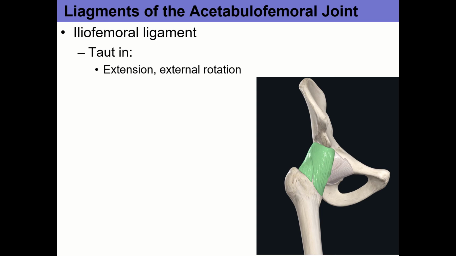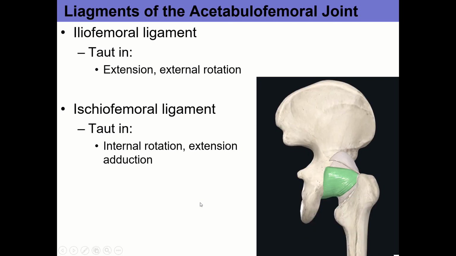So if we've got an iliofemoral, then we obviously have an ischiofemoral. That one is on the more posterior aspect, and it's highlighted there for you in green. It's going to run from that posterior margin of the acetabulum. The fibers are going to spiral along the neck laterally and superiorly, and they're going to insert on the medial aspect of the greater trochanter.